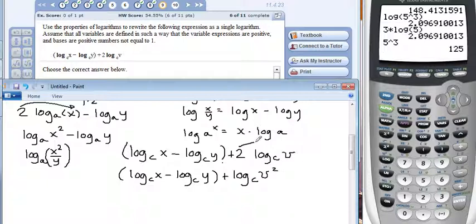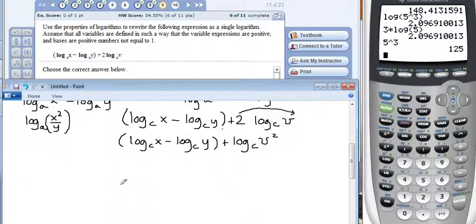So this one goes up here into the power spot. Now I'm just going to work with these two. I've got subtraction there, so that means I've got division. So I've got x over y plus log base c of v squared.